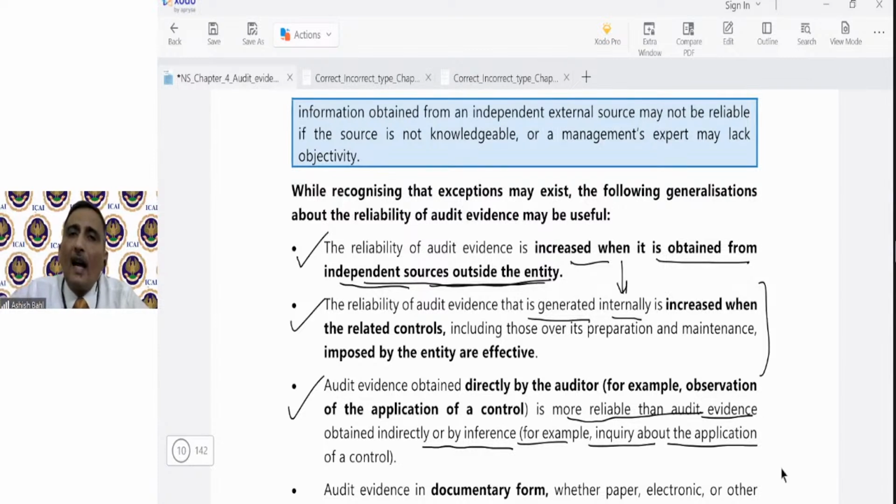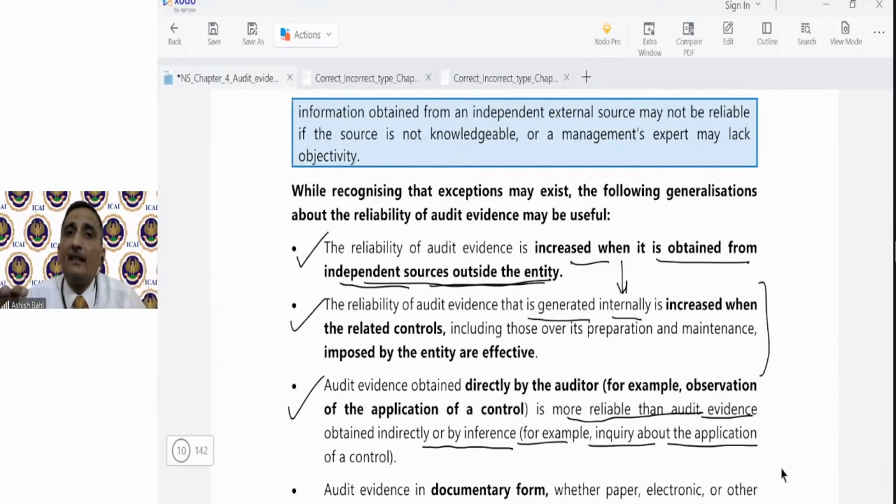However, if he inquires about that process from some employee of the company, then he is getting indirect information. So obviously, seeing something firsthand is always better than seeking information from some person.